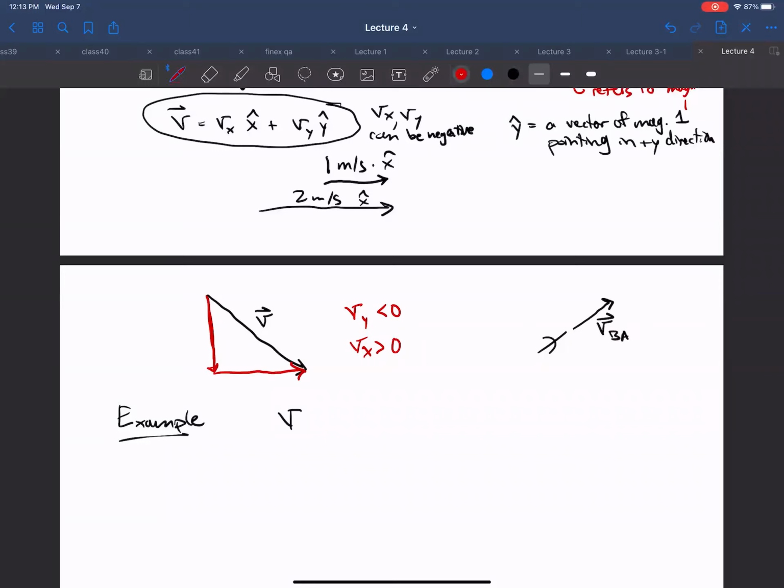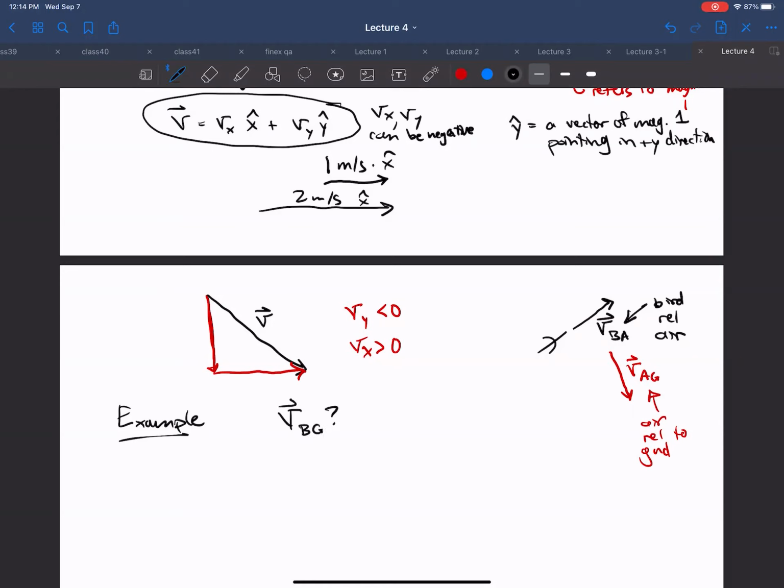And then maybe the air relative to the ground is like this. Air relative to the ground. So this is bird relative to the air, so this is bird flying in your backyard. And this is the air relative to the ground. And we're interested in what is the velocity of the bird relative to the ground.